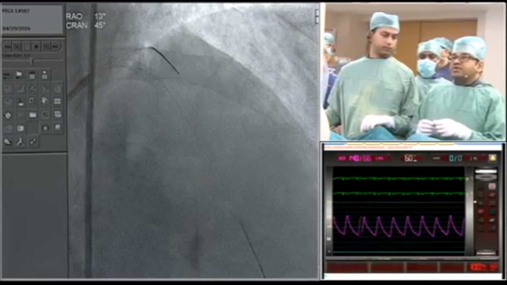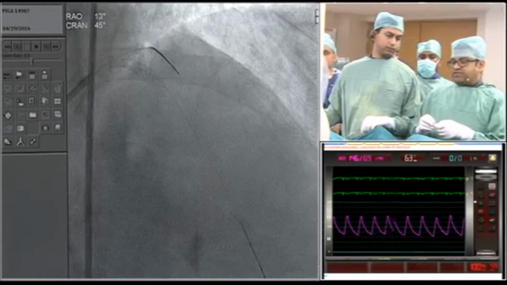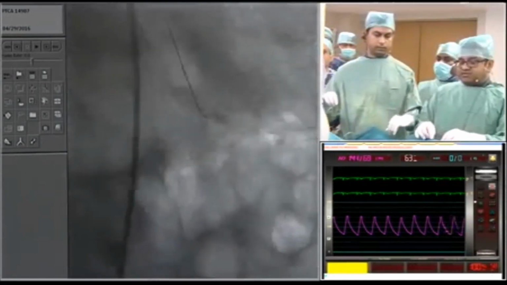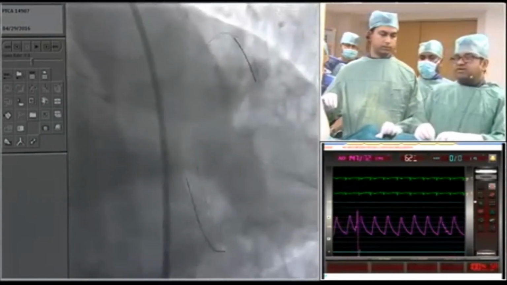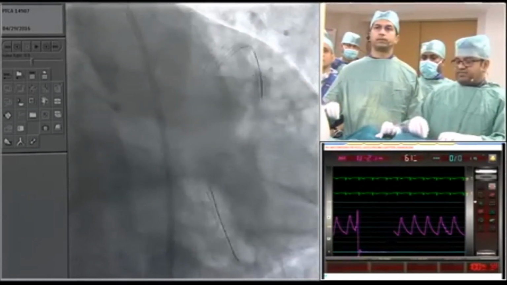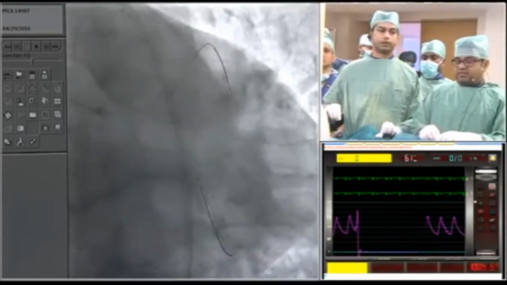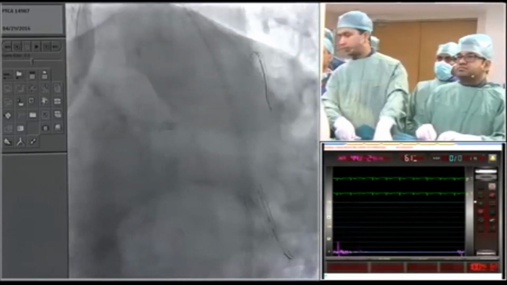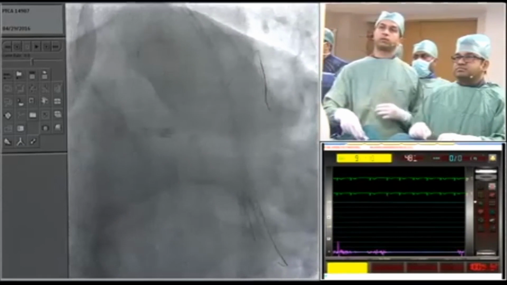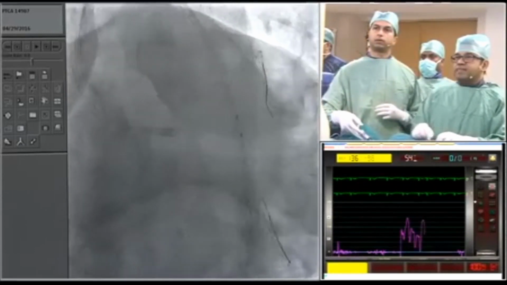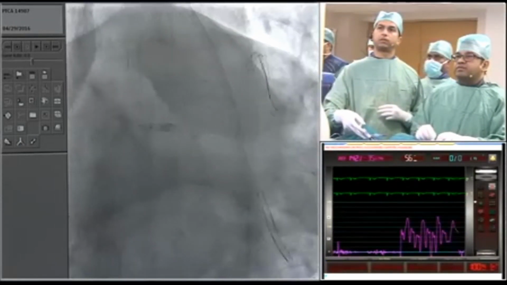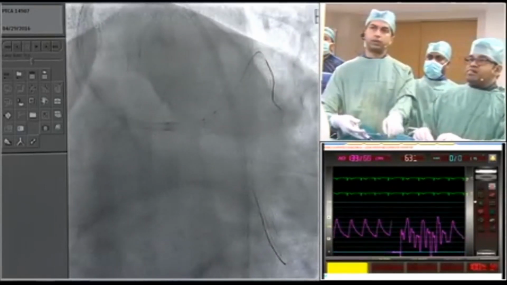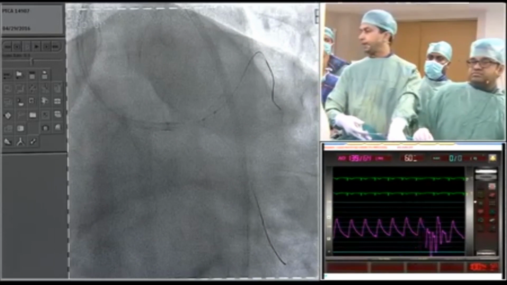Since we have distorted the strut while going into the circumflex ostium, we would finish by redilating with low pressure with the 4.5 balloon of the left main. So this is again the same balloon, 4.5.